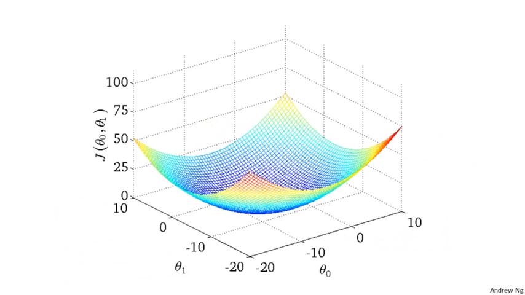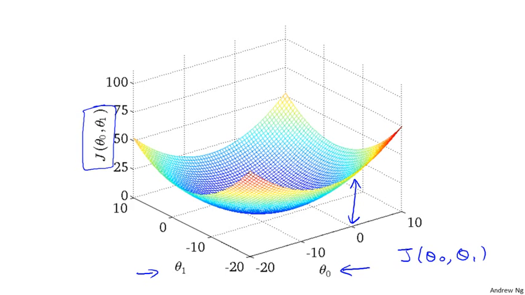So this is a 3D surface plot where the axes are labeled theta 0 and theta 1. As you vary theta 0 and theta 1, the two parameters, you get different values of the cost function J of theta 0, theta 1. And the height of this surface above a particular point of theta 0, theta 1, that's the vertical axis, indicates the value of J of theta 0, theta 1.